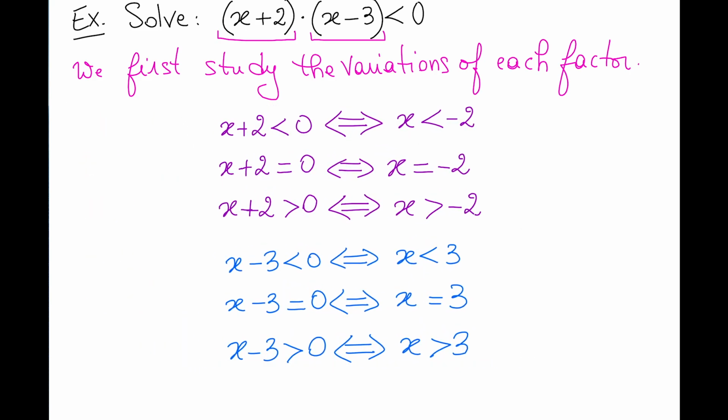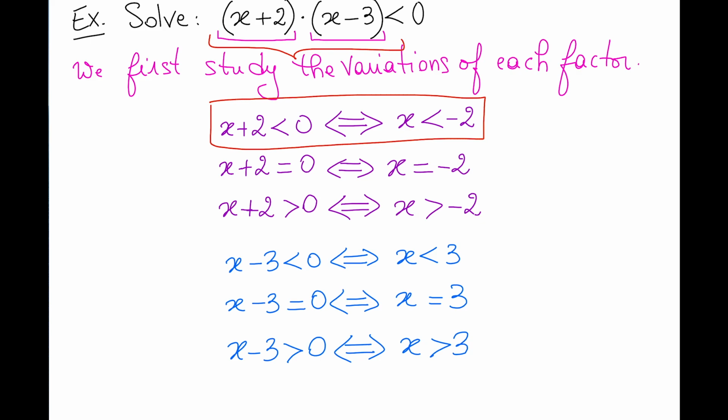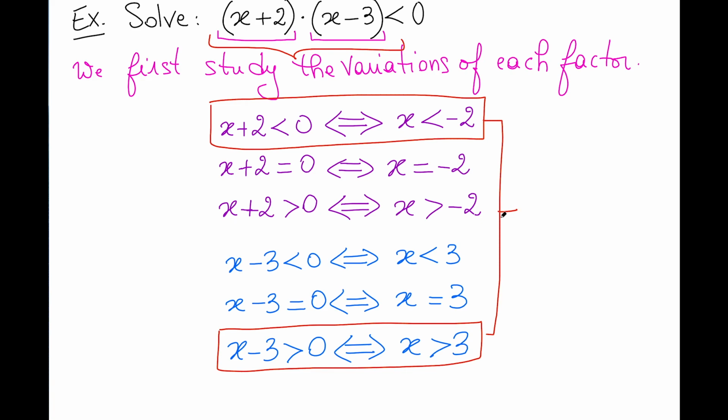All right. So I know the variations of each of the factors, and we said before that this product is negative precisely when one of the factors is negative and the other is positive. So this is one of the situations: if x + 2 is negative and x - 3 is positive, these two together force the conclusion that the product is negative.